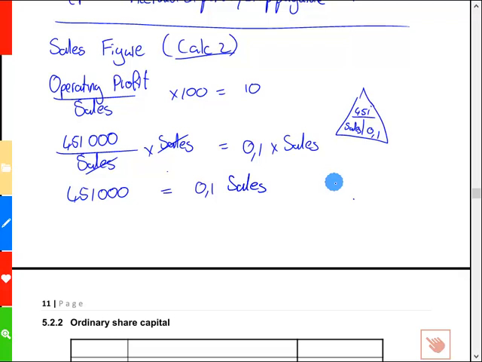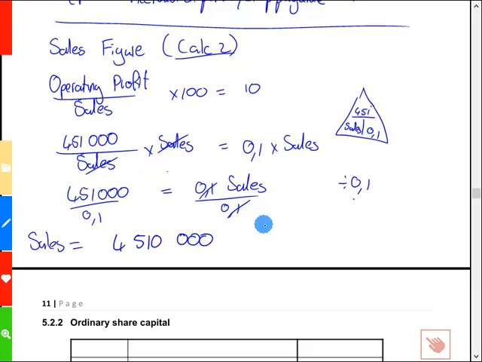Right? Then we divide both sides by 0,1. So this over 0,1 and this over 0,1. And then we've got exactly what we have here. Sales equals 451 over 0,1. So sales is going to be 4,510,000. As easy as that. So that's your sales figure.